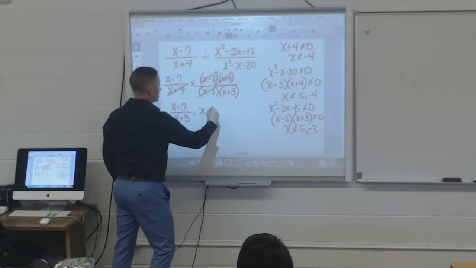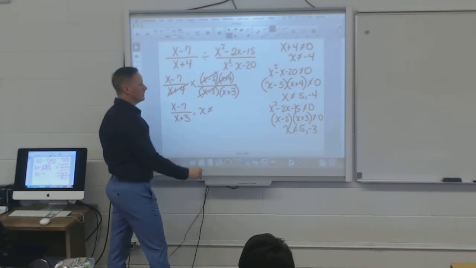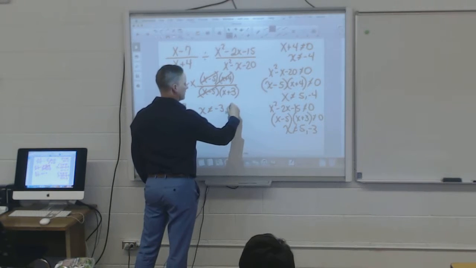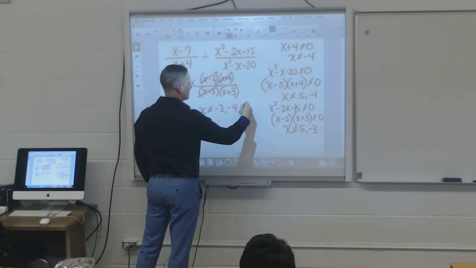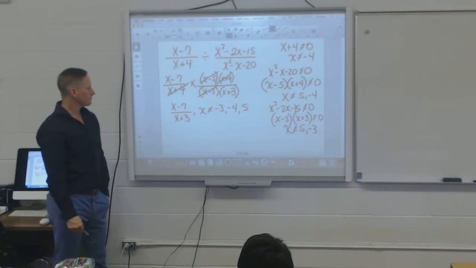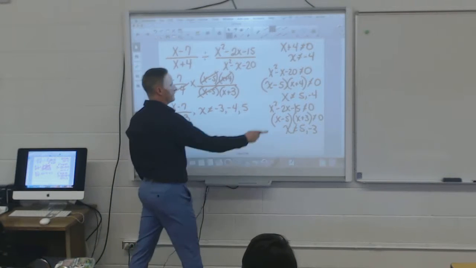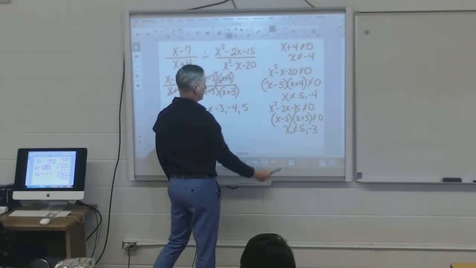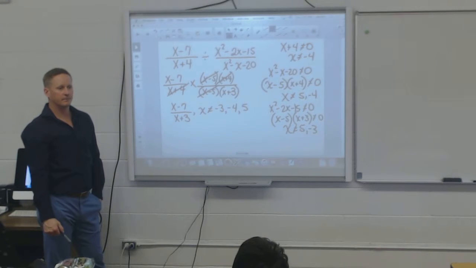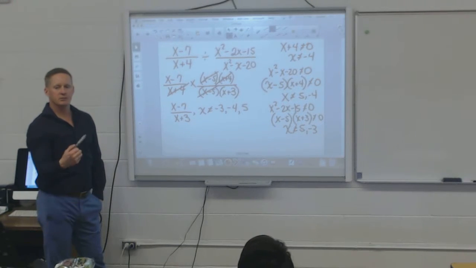And my restrictions are x can't equal 7 and negative 3, negative 4, and 5. Okay? Negative 4, 5, negative 3. And there's my solution. That's a reduced expression.